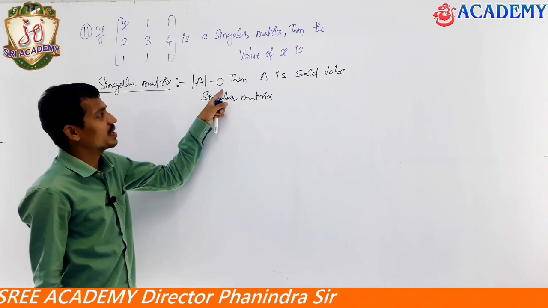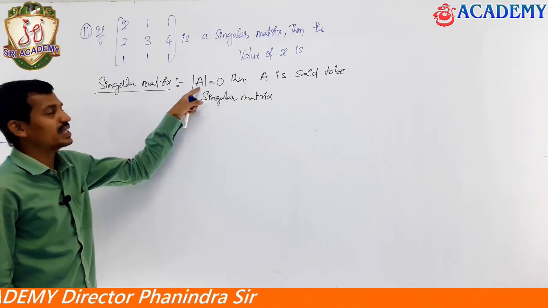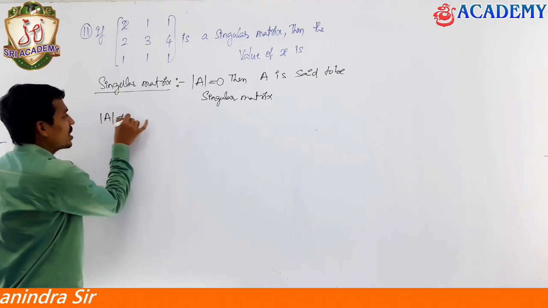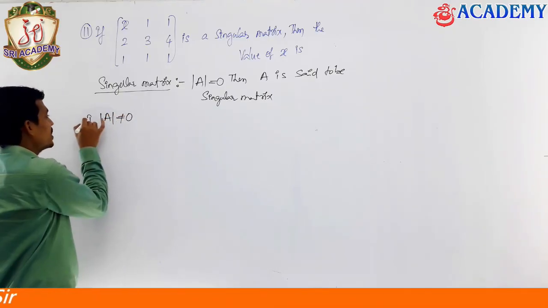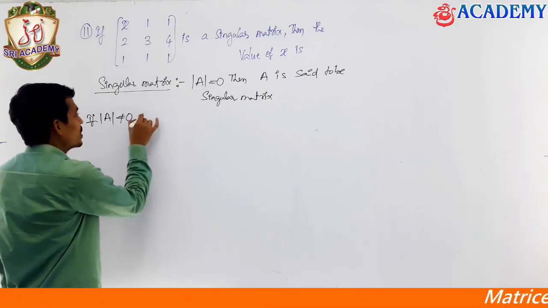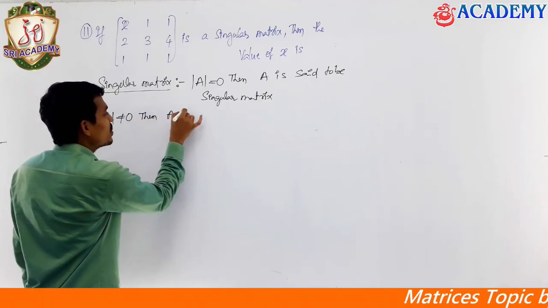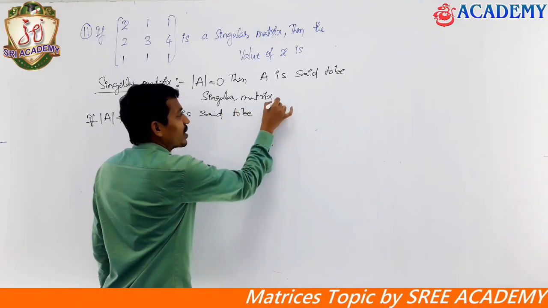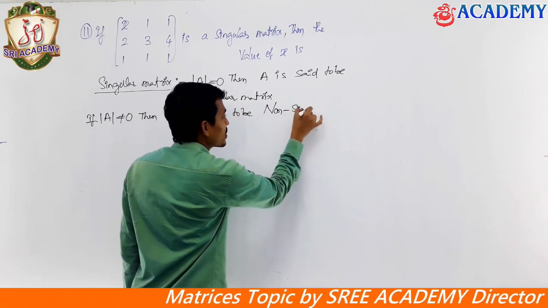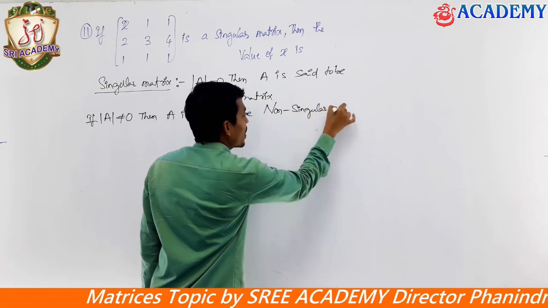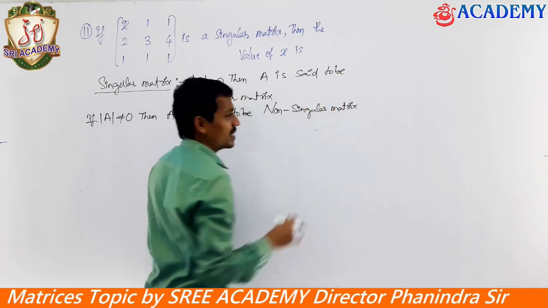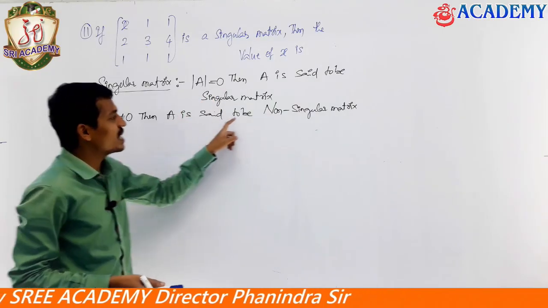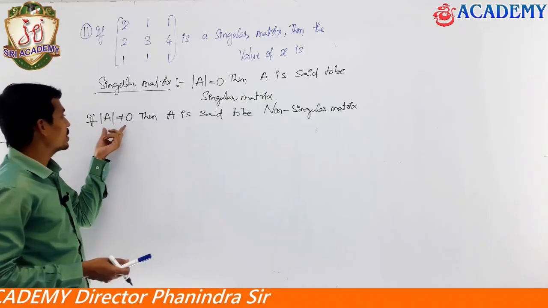If determinant of A not equal to 0, then A is said to be a non-singular matrix. If a singular matrix is given, indirectly, singular means determinant equal to 0. Non-singular is nothing but determinant not equal to 0.